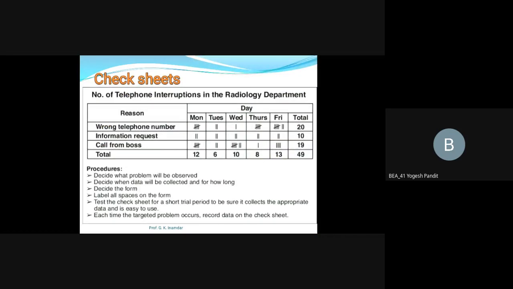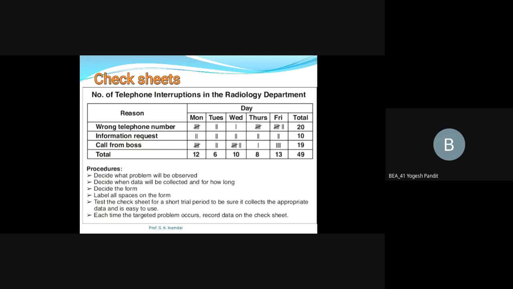Now what is a check sheet? Check sheet is generally used in most types of industries or organizations. It is a very simple sheet. Suppose wherever a countdown is required, counting is required, there we can use the check sheet. One best example is in cricket.